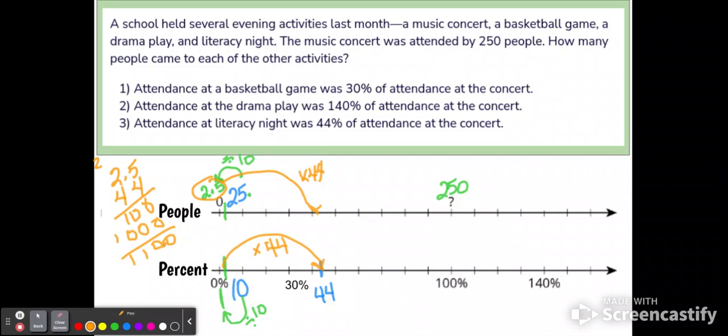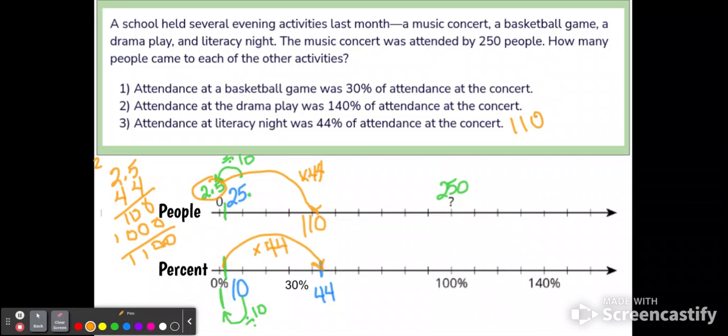By doing the math, I figure out that 44% is the same as 2.5 times 44, which is 110. So 44% of 250 is 110.